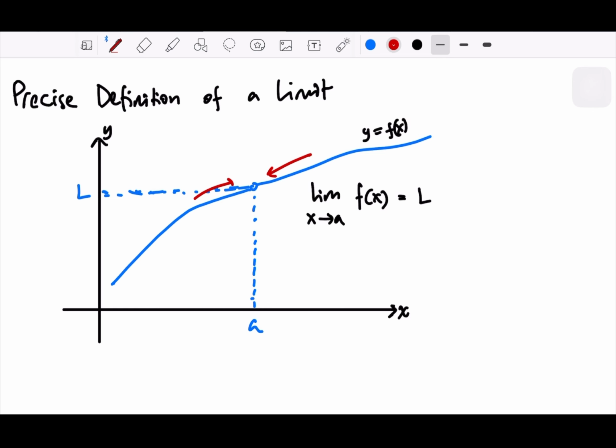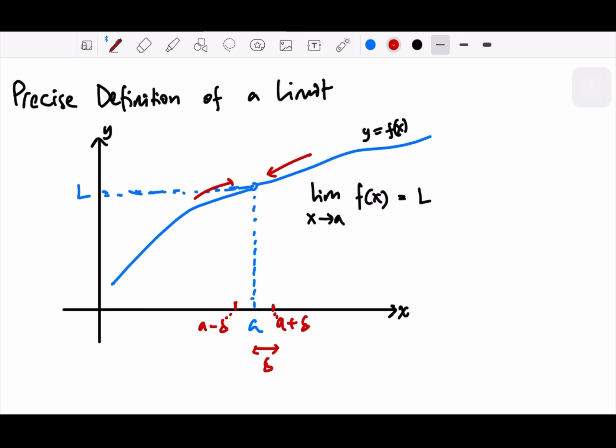Let's say the number for a, the closeness, is delta. So we have the distance here. This will be, say, the delta. So this is a plus delta, this is a minus delta. So the distance will be delta.